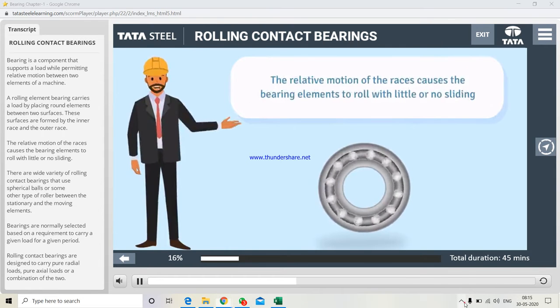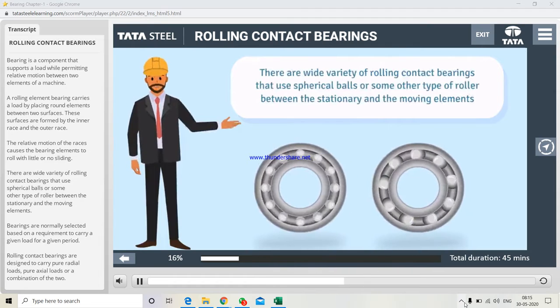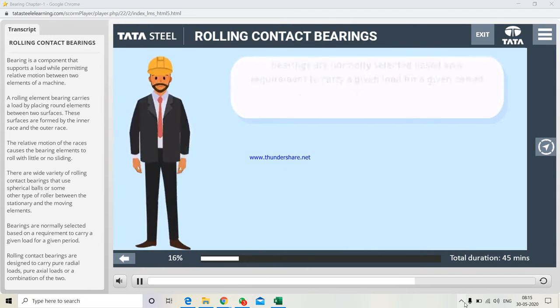The relative motion of the races causes the bearing elements to roll with little or no sliding. There is a wide variety of rolling contact bearings that use spherical balls or some other type of roller between the stationary and the moving elements.